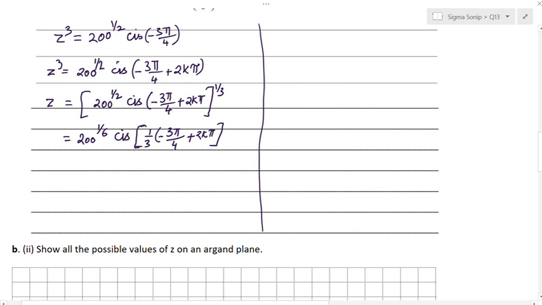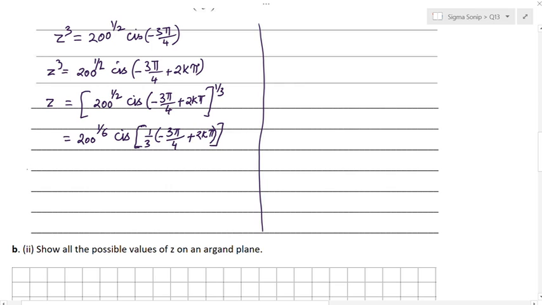So here, just like in problems on roots of complex numbers, k will take different values, and depending on different values of k, we will get different values of z. So basically, we'll get many different roots here, and because we are taking the cube root here, we only need to use any 3 consecutive values of k. If we use more than 3 consecutive values, then the roots will start repeating. So we'll take the values of k. We'll take 0, 1, and 2, and accordingly we'll find 3 different roots, 3 different values of z here.